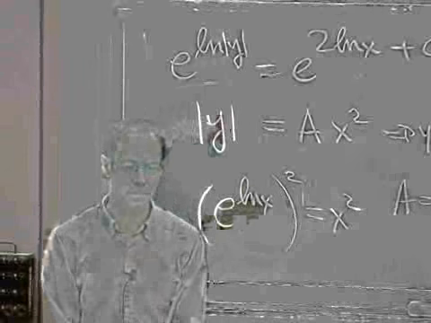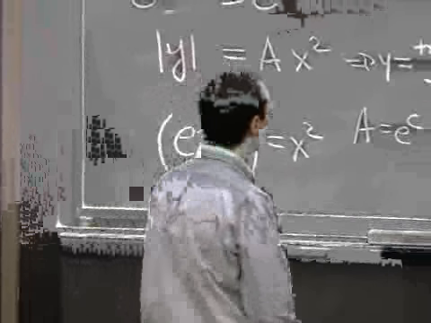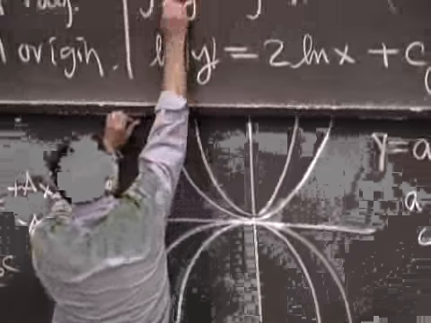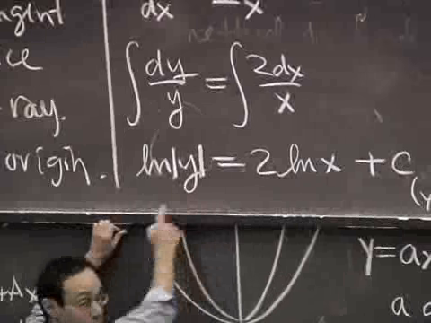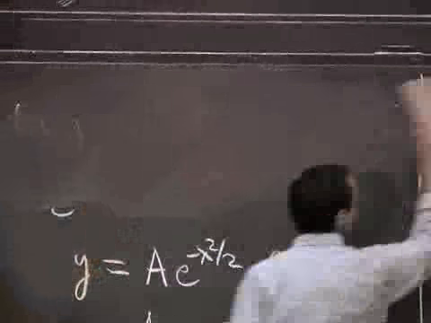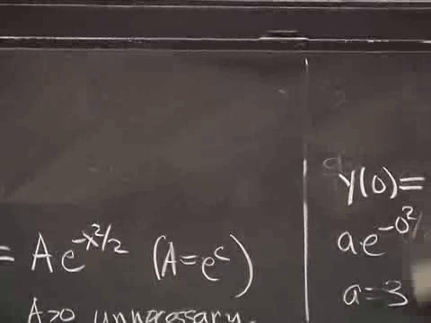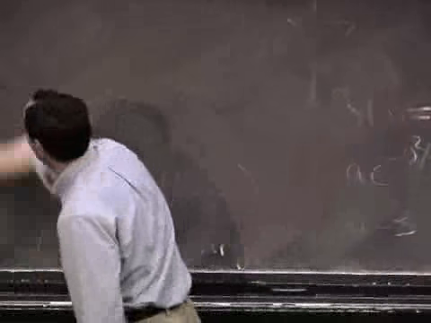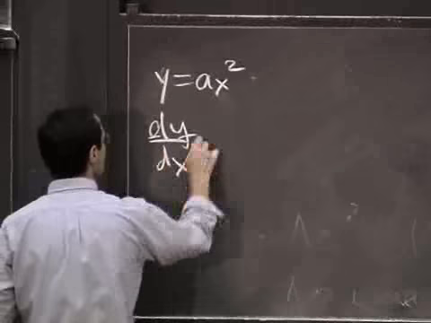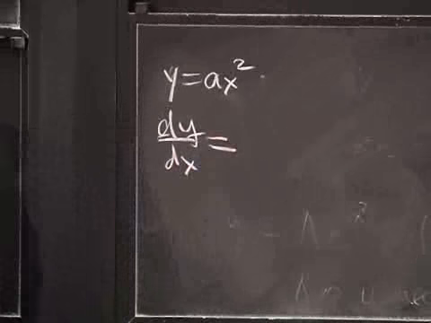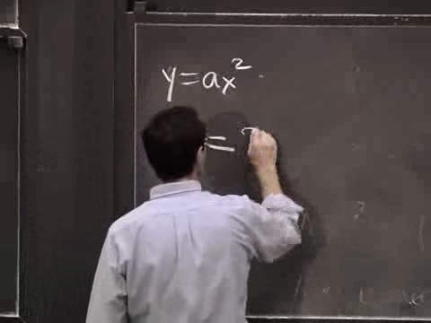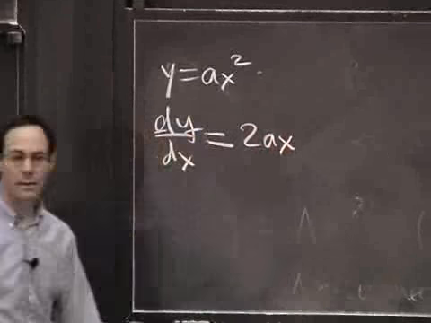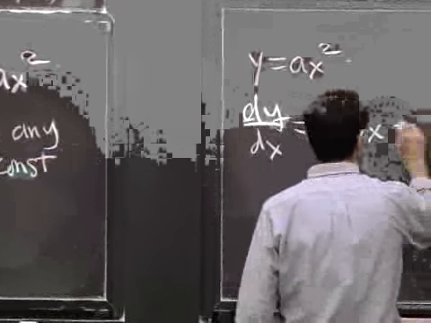Why couldn't you just insert the absolute value? Because it's really true that the antiderivative here is this function. It's defined for y negative. So let's just double check. In this case, we have y equals ax squared, and we want to compute dy/dx to make sure that it satisfies the equation that I started out with. And what I see here is that this is 2ax. And now I'm going to write this in a suggestive way.